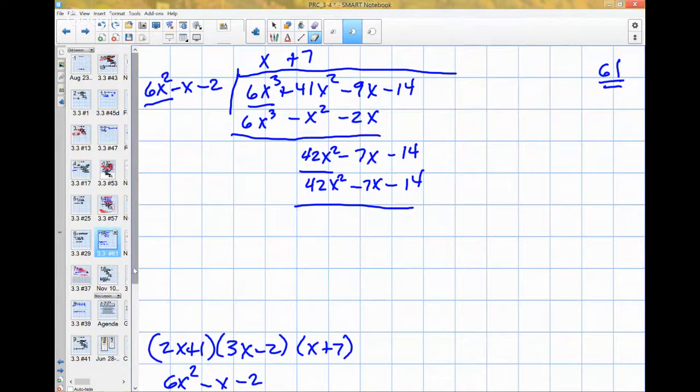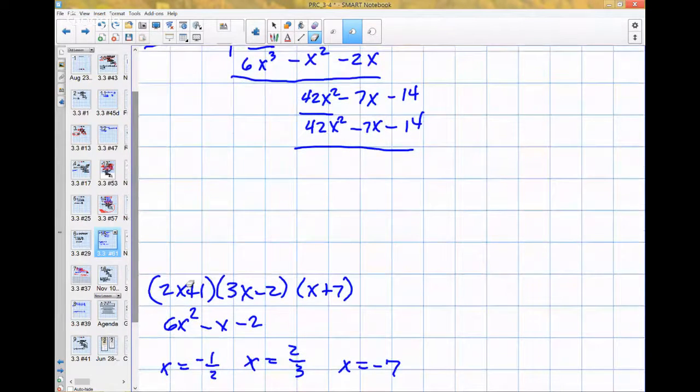If you look way to the bottom here, I took just those two that I've underlined, and I multiplied them. 2x times 3x is 6x squared, 2x times negative 2 is minus 4x, and then later you get a plus 3x. That's why you get a minus 1x. So here's what happens when you multiply the two factors they gave us.